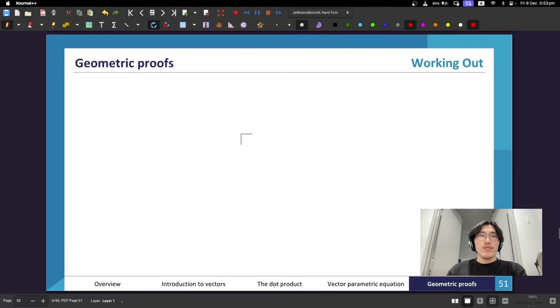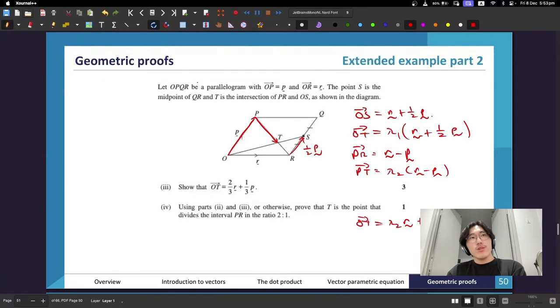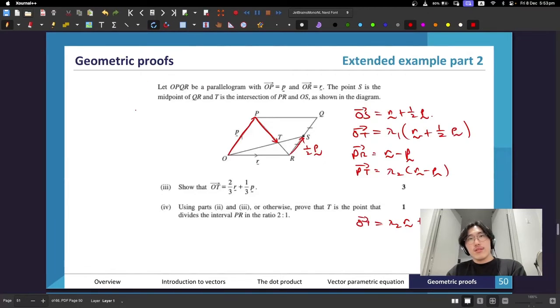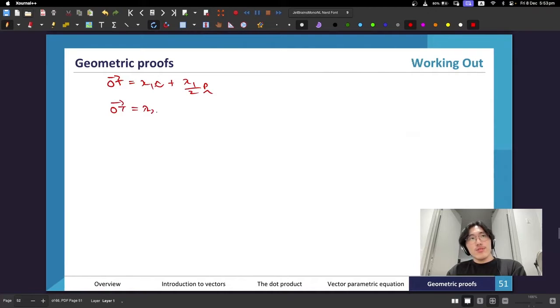So we've found two different ways to define OT. We've got lambda 1 R plus lambda 1 on 2 P. And we also have lambda 2 R plus P into 1 minus lambda 2.